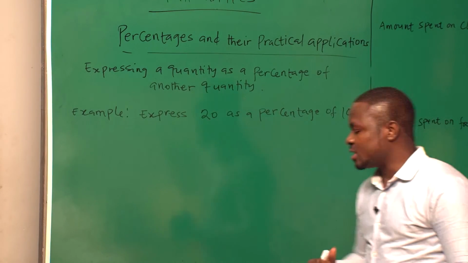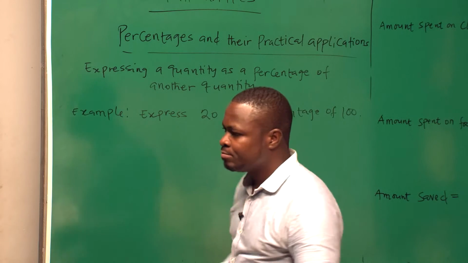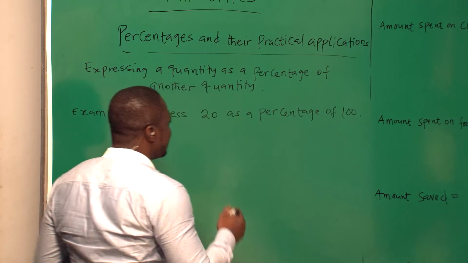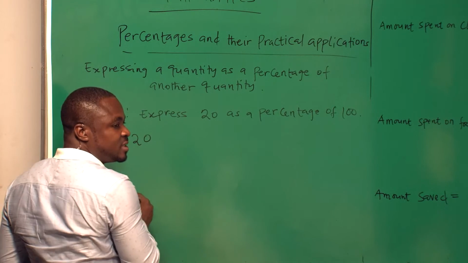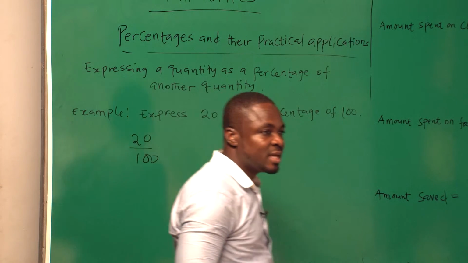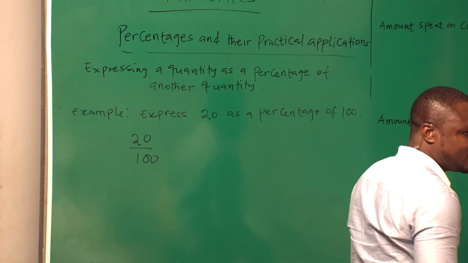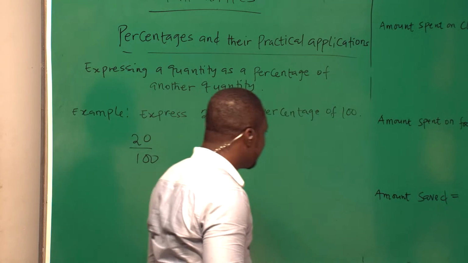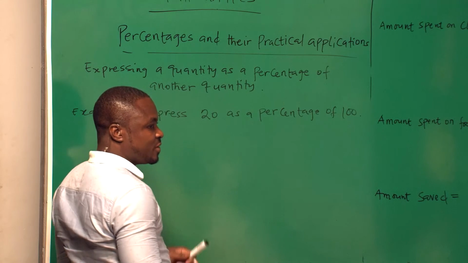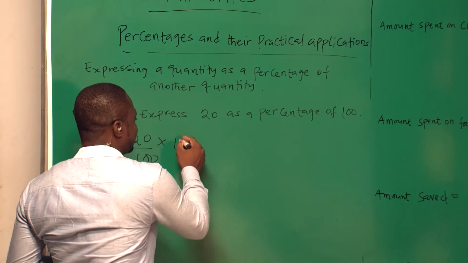Are you okay? So if you want to express 20 as a percentage of 100, it means you are looking at 20 over 100, right? As a percentage. 20 over 100 times what?